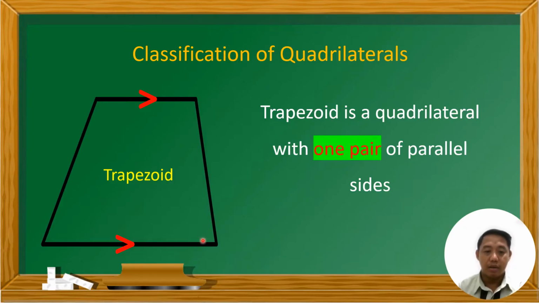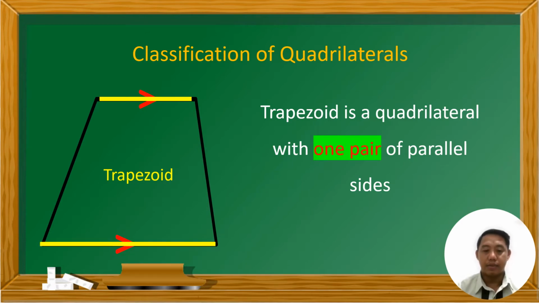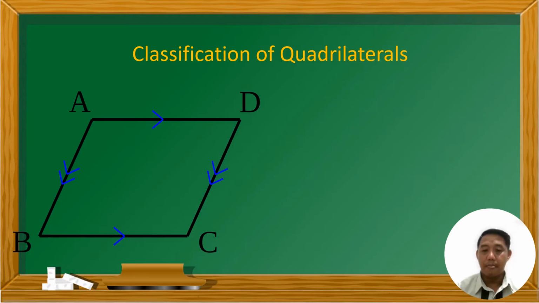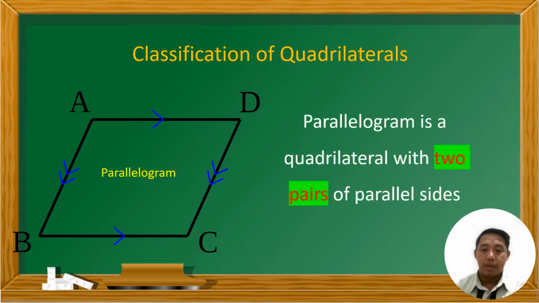This segment and this segment, they are parallel. If you don't know what parallel means, parallel is two lines that will never meet. Ayan. Ito yung line na yan. Okay? So, we also have parallelogram.